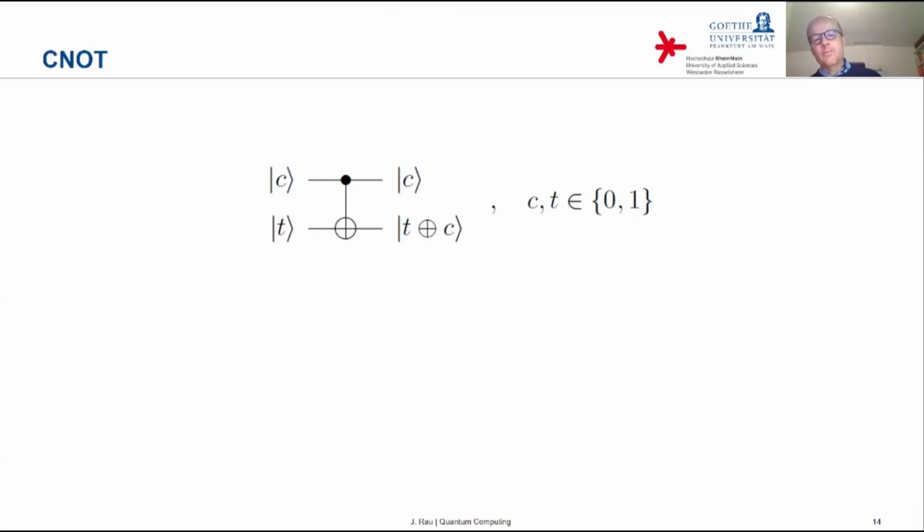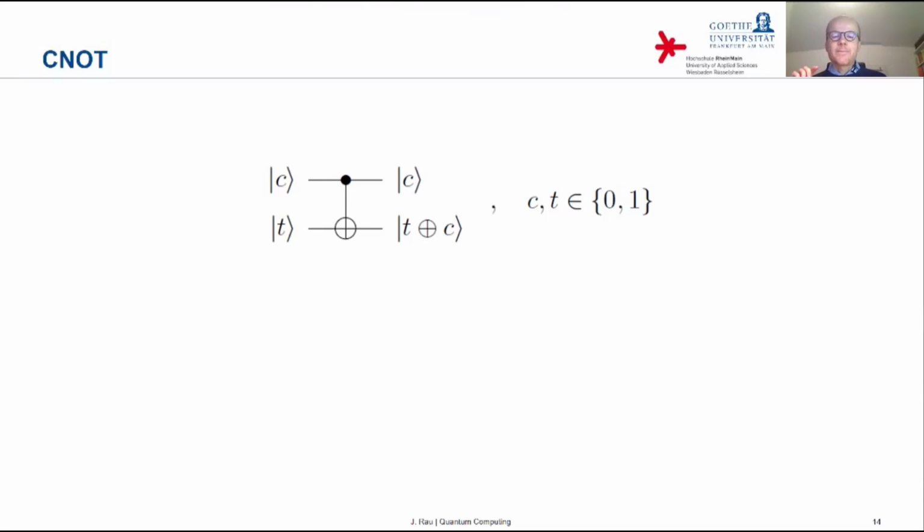So the upper qubit going out is still in the same basis state C. But the lower qubit, the target qubit, its state may have changed, and it's flipped if and only if the control qubit is in the basis state 1.